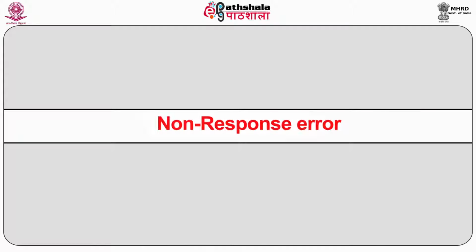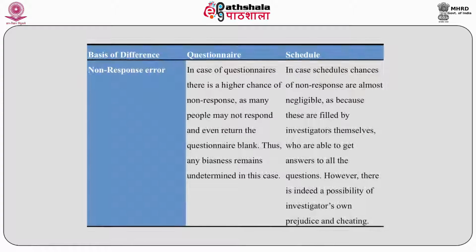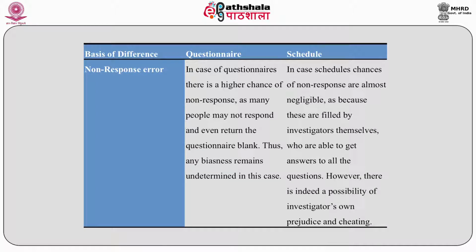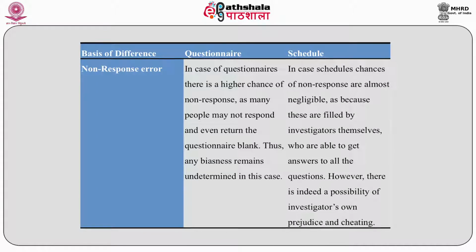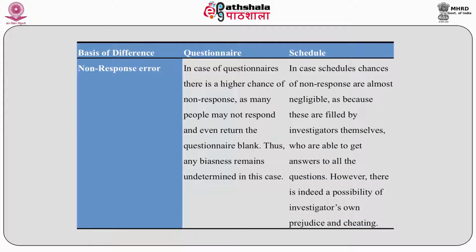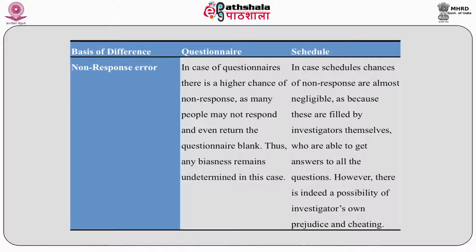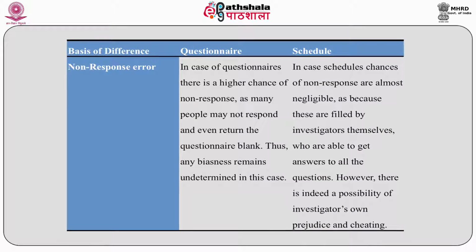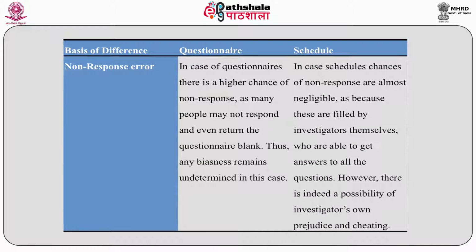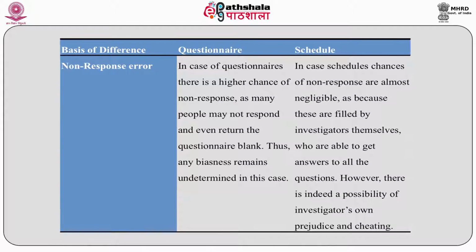The third basis of difference is the non-response error. In case of questionnaires, there is a higher chance of non-response as many people may not respond and even return the questionnaires blank. Thus, any biasness remains undetermined in this case.